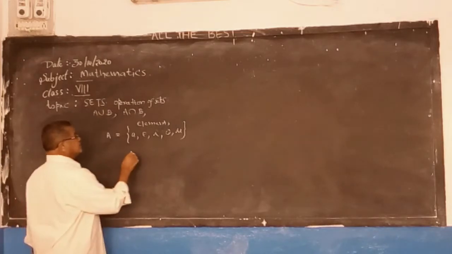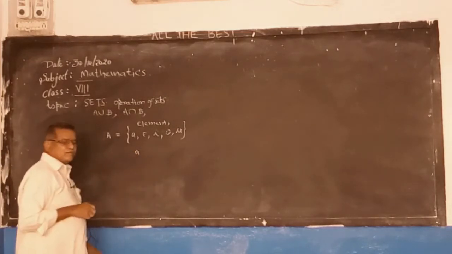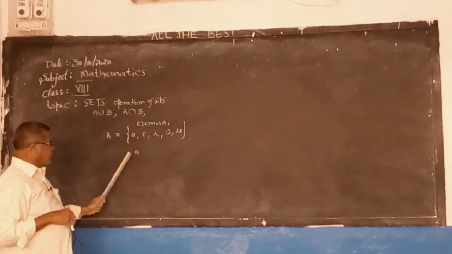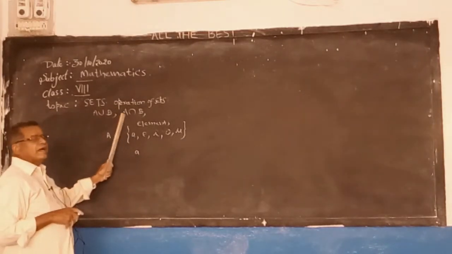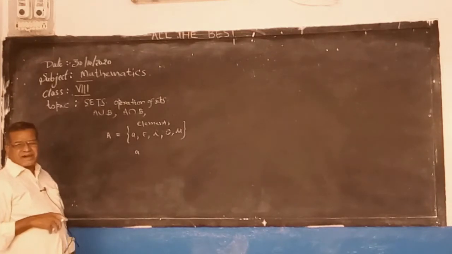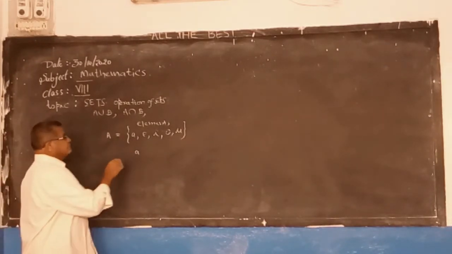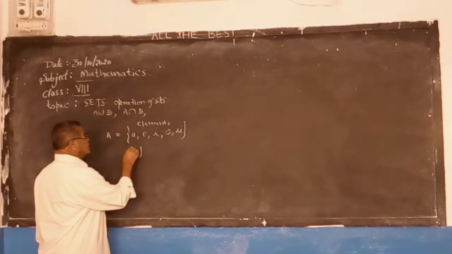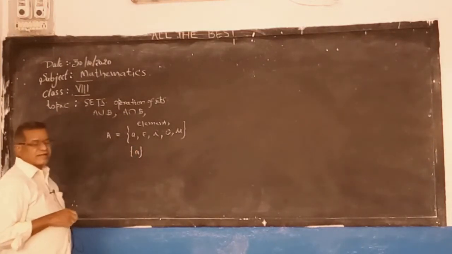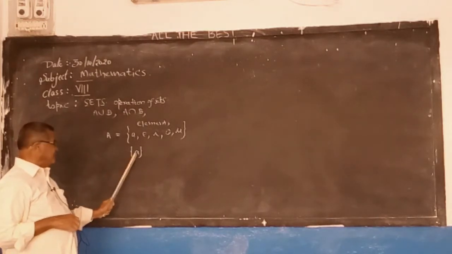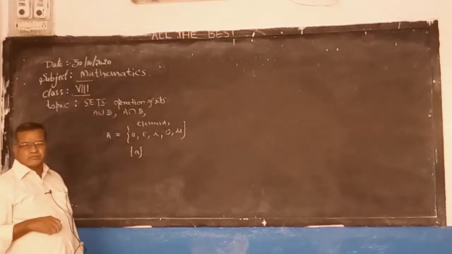If you simply write A, it is only one element, not a set. It is an element. But when we enclose it with curly brackets, then we say it is a set containing A as an element.